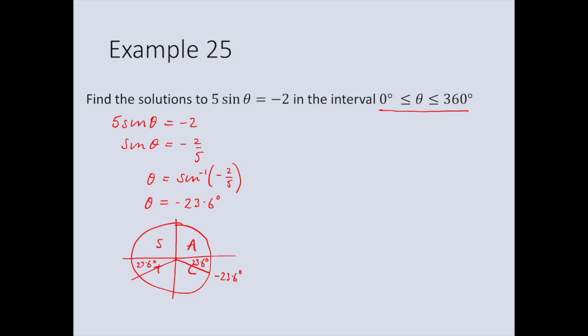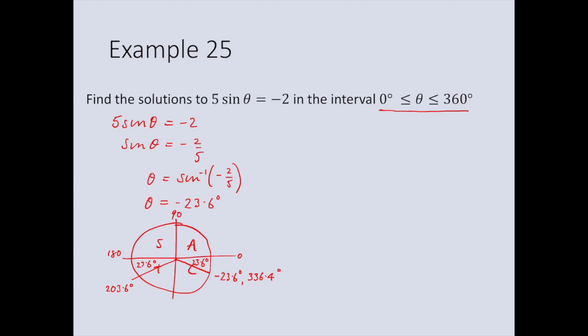So let's just work out what that would be. Working round, we've got 0, 90, 180, add another 23.6, gets us to 203.6 degrees. And if we track down round 360 and then come back 23.6 degrees, another value for here would be 336.4 degrees.